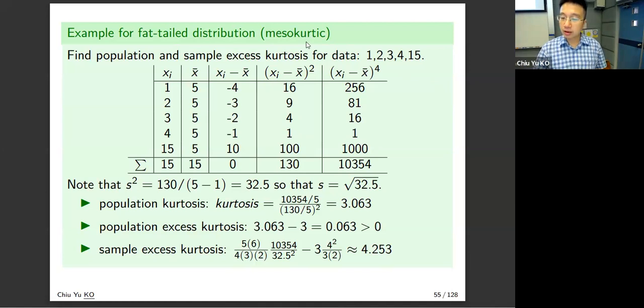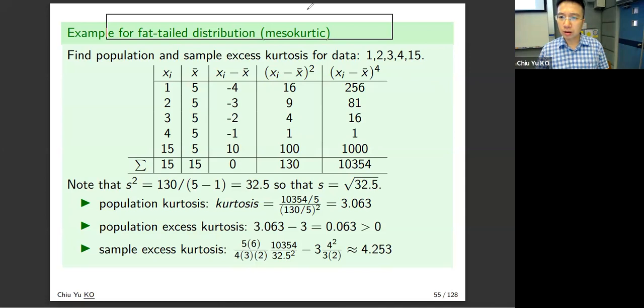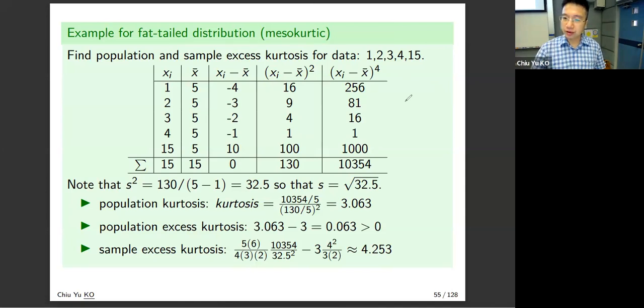How do you get this number? Okay. So this number is here, right? You divide it by n, okay? And this number is here, right? And this is n as well. So this is the calculation of the kurtosis, right?